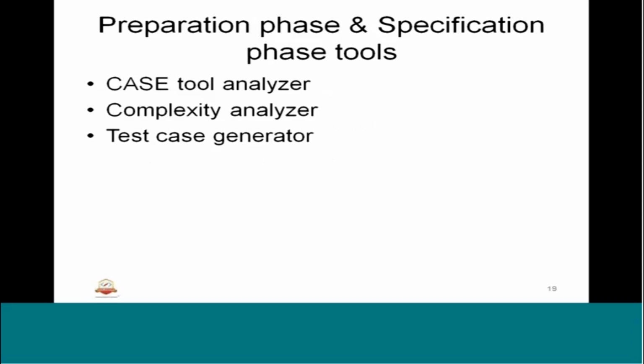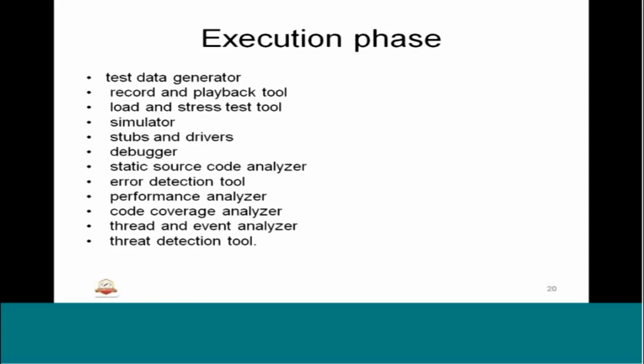Test case preparation and specification are done with the help of case tool analyzer, complexity analyzer, test case generators. For execution, we have seen stubs and drivers, simulators, emulators, debuggers, static code analyzers, performance analyzer, timing analyzers, code coverage analyzers. These are all basically used in white box testing as well as black box testing.